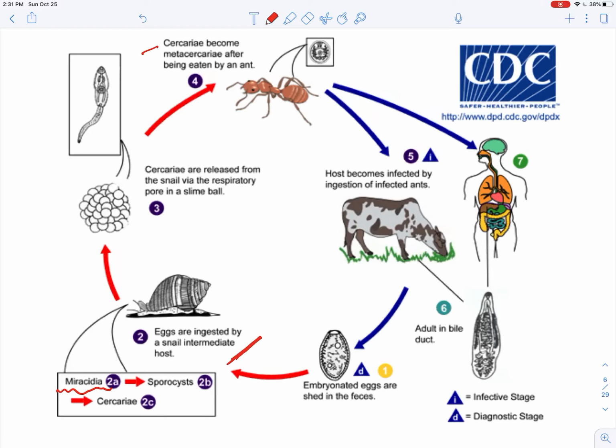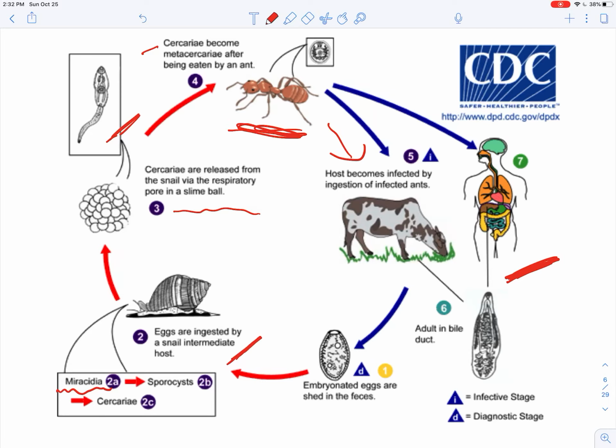Eggs are ingested by a snail intermediate host. Their juvenile stage is released from the snail in their slime. This life stage, which we call a cercaria, develops after being eaten by the ant, so the ant eats the slime. And then our hosts are eating the ants. And why I'm pointing this out in a different slide here is because it can also infect humans.